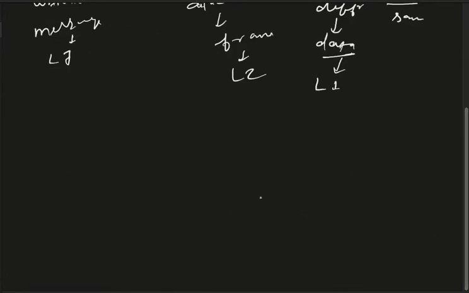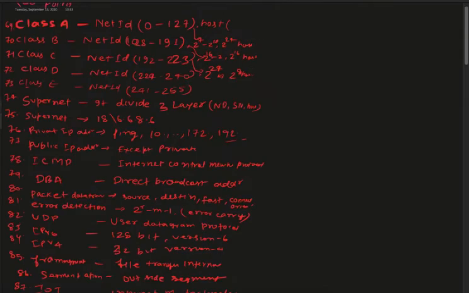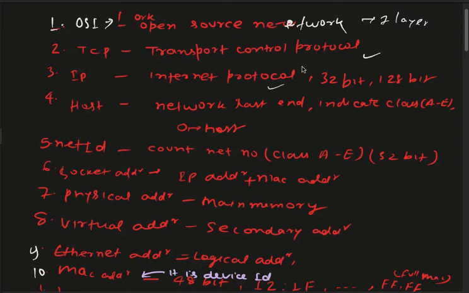This is the first one, the OSI model, and the second is TCP, Transmission Control Protocol. So this is a transport protocol. Transport protocol plays a very important role. This is the TCP discussion.